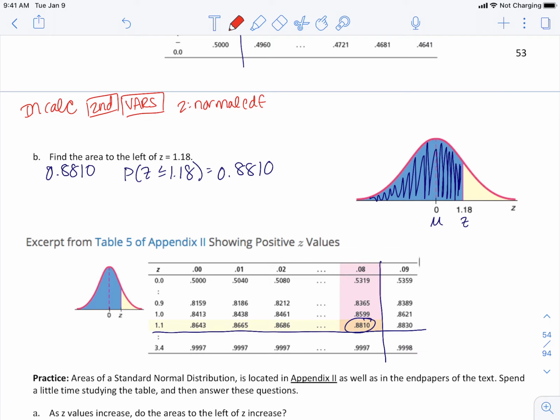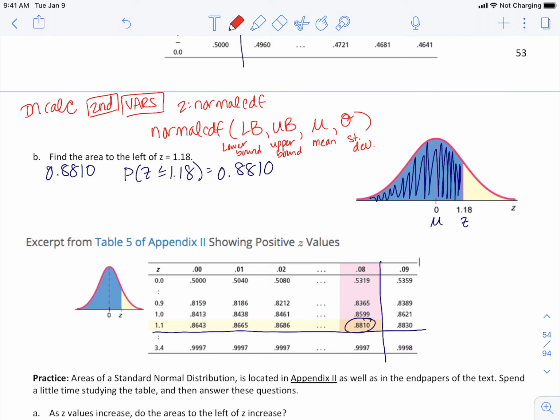The way that you enter these in the calculator is you're always going to do normal CDF, and then you're going to put your lower bound, your upper bound, your mean, and your standard deviation.